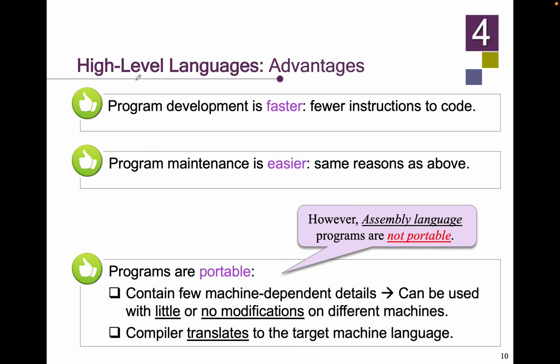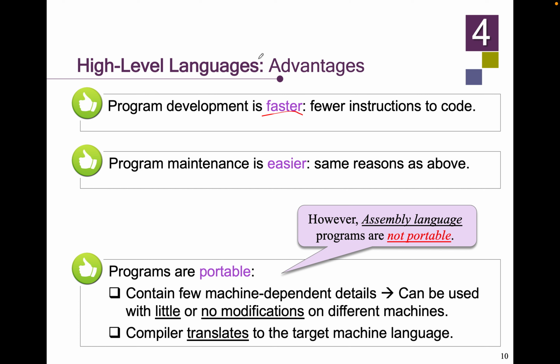Now, for a high level language, what are the advantages? Okay, the advantage for a high level language like Java or Python is that it is faster.